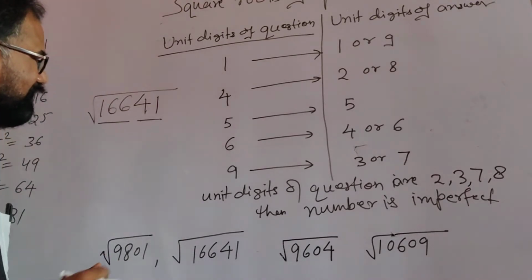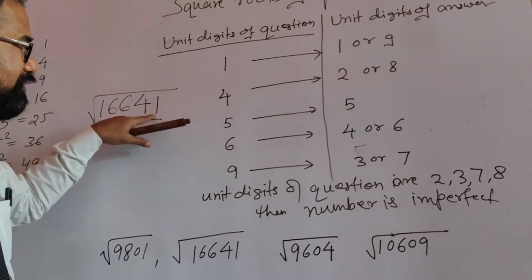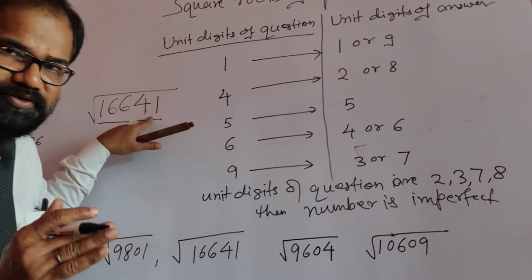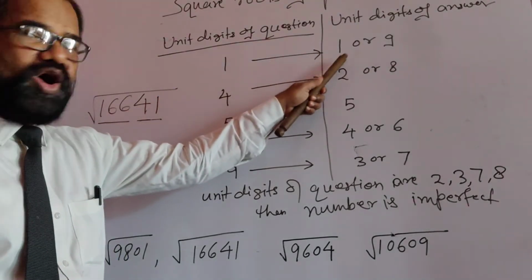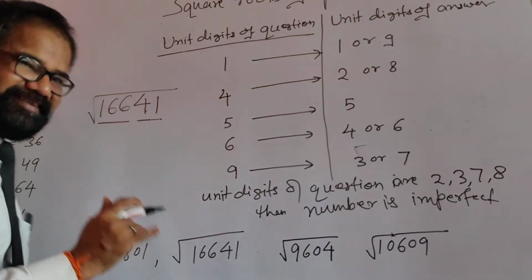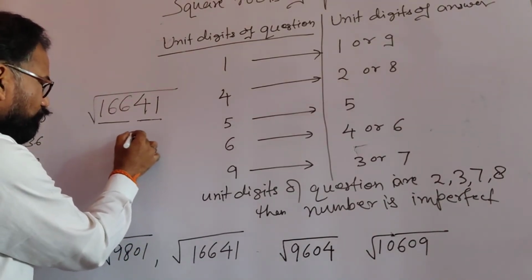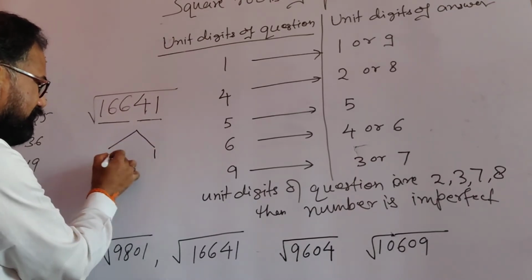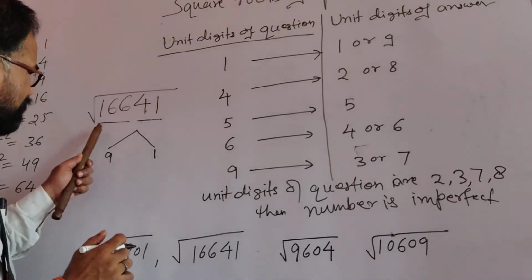Now, the last digit of your question is 1, so the unit digit of your answer will be 1 or 9, right?